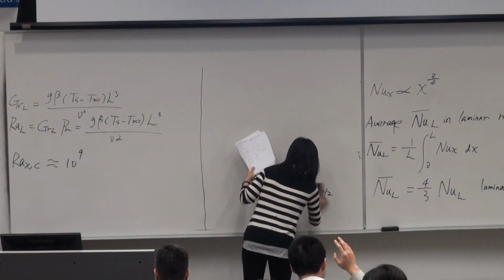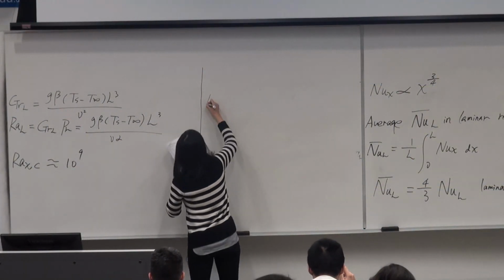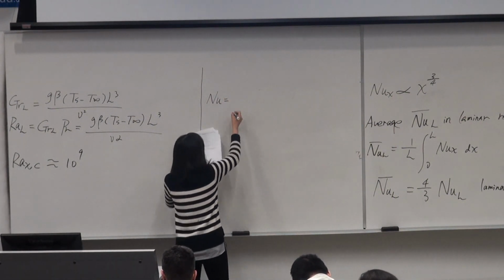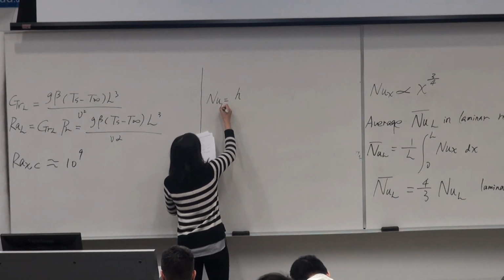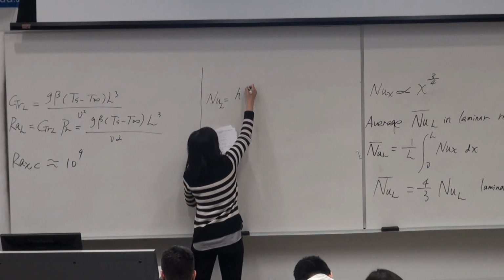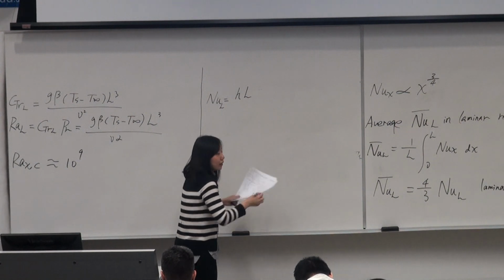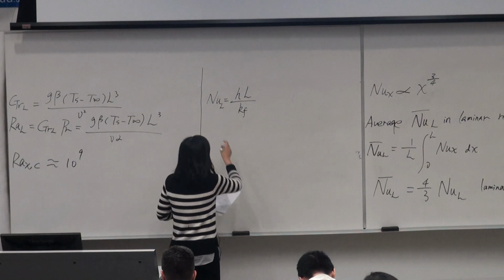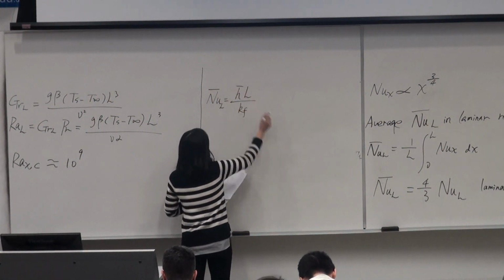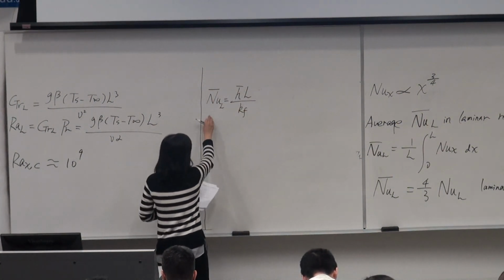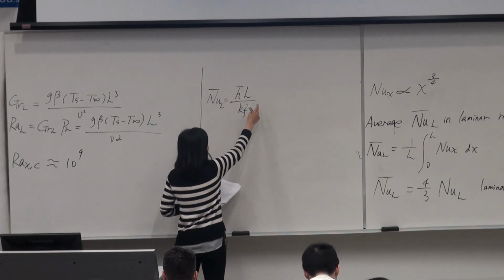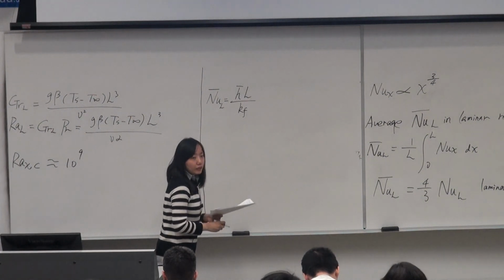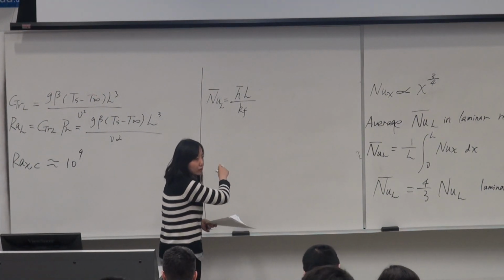Let's start with the definition of Nusselt number. That's the dimensionless value of convection coefficient. If I put L here, which means you use L as your thermal characteristic length, over k of the fluid, right? For the average Nusselt number, let's simply have a bar here: the average convection coefficient times L over the thermal conductivity of whatever the fluid is.